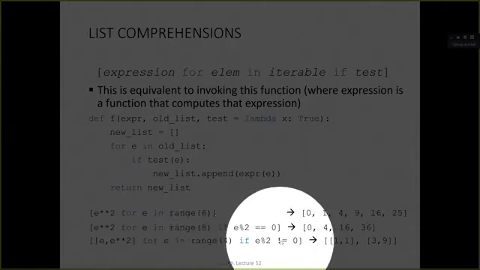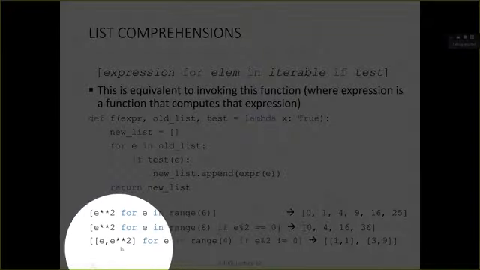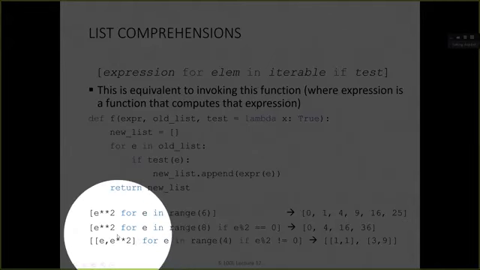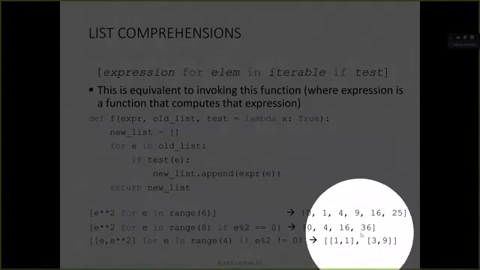But I'm only grabbing the odd ones in this particular case. So the resulting set of numbers that I'm going to apply this to is going to be the numbers 1 and 3, right? Because those are the 2 odd numbers in range 4. And so the resulting list is going to contain 2 elements.